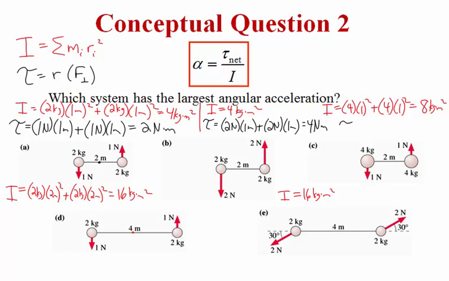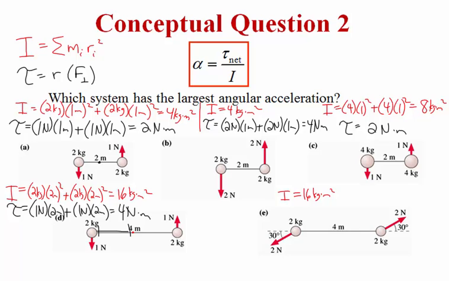In case C, my torque is exactly the same as it was in case A. It's 1 Newton times 1 meter plus 1 Newton times 1 meter. So I get a net torque, again, of 2 Newton meters. In case D, my torque is 1 Newton, and that distance from where the force is applied to the axis of rotation is 2 meters. So it's 1 Newton times 2 meters plus 1 Newton times 2 meters. So it's going to be 4 Newton meters.